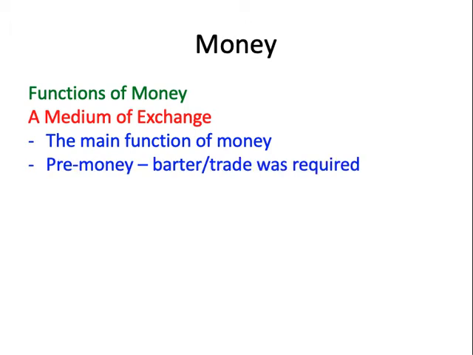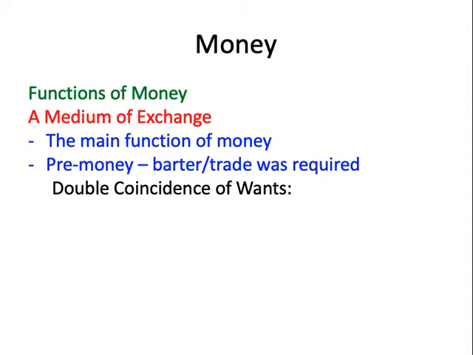Before money was invented, barter and trade was required. If you wanted to get something, you'd have to trade with someone else to get it. That sounds fine and dandy, but problems existed with this system, which is why money is there to enable and be a medium of exchange for these transactions, because of the double coincidence of wants.